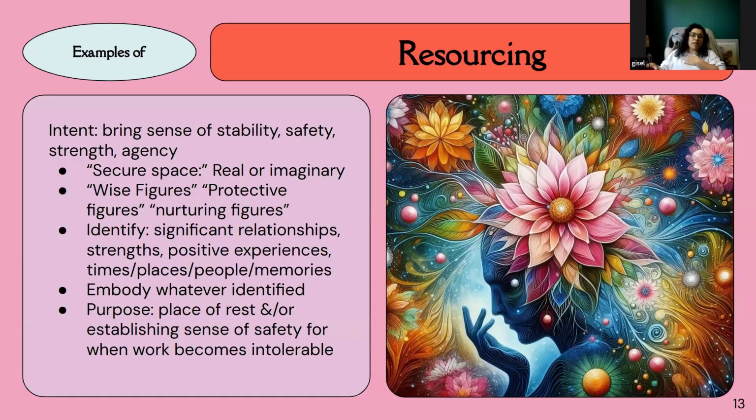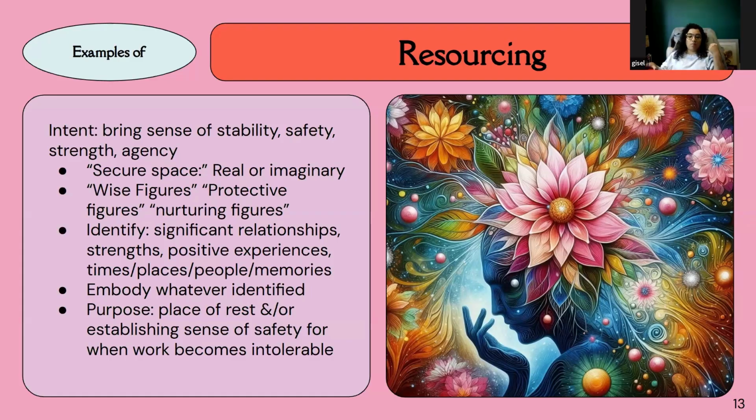Excuse me. And so common resources that folks can lean into are secure spaces, wise figures, protective figures, nurturing figures, right? So not only recalling these people, places, memories, things, but also embodying whatever it is that you're recalling, right?